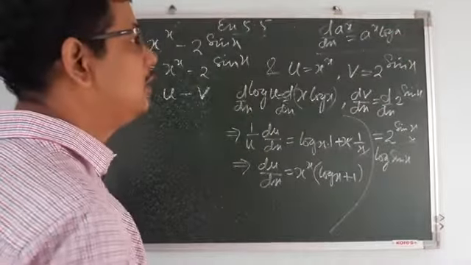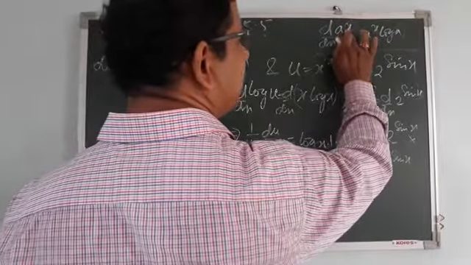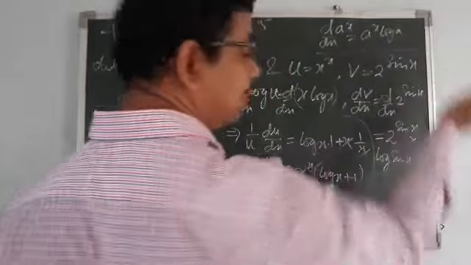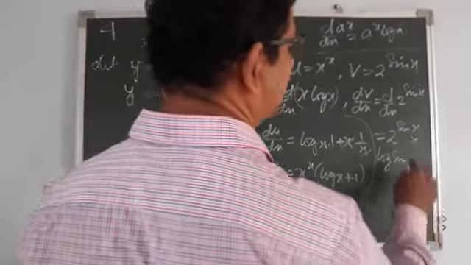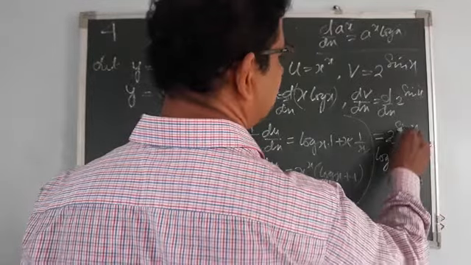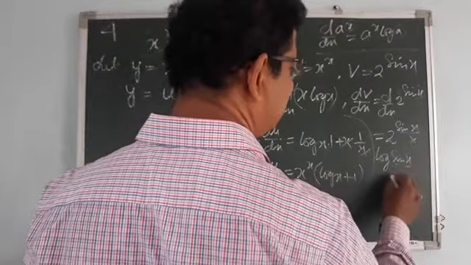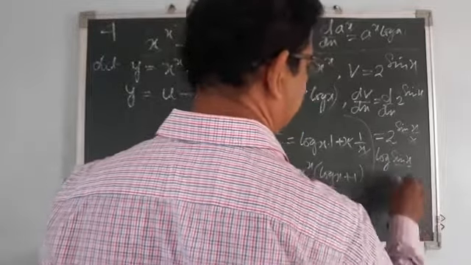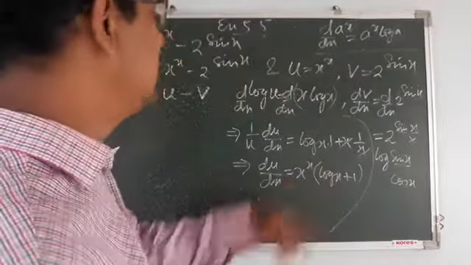If x is replaced by sin x, then you have to differentiate it again by sin x. So 2 to the power sin x, log of 2. Now if we differentiate sin x, it will be into cos x. So this is the form of dv dx.